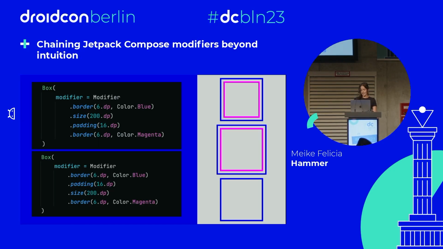And then you see our size modifier coming in, which sets the size for all following modifiers. That's why the magenta version in the second case matches our 200 dp size. So it can be quite counterintuitive.